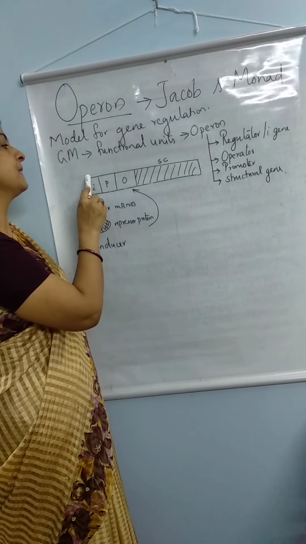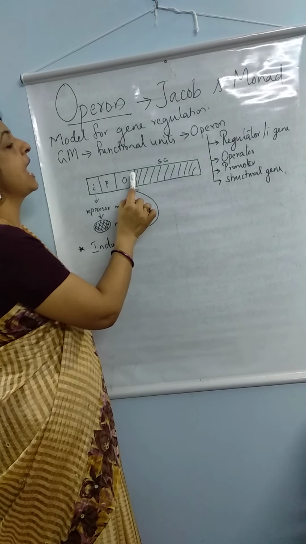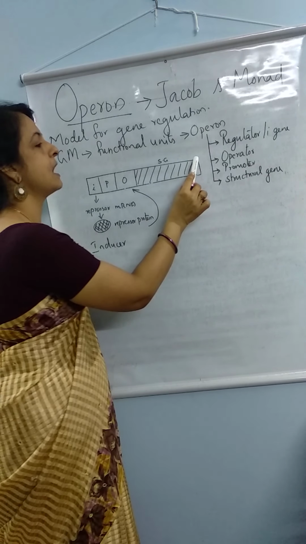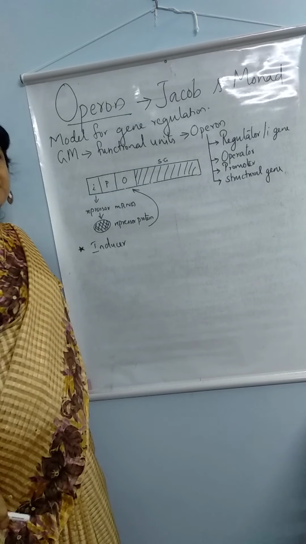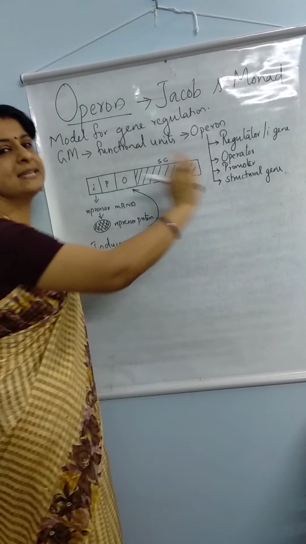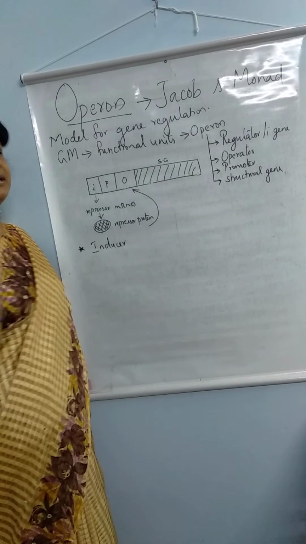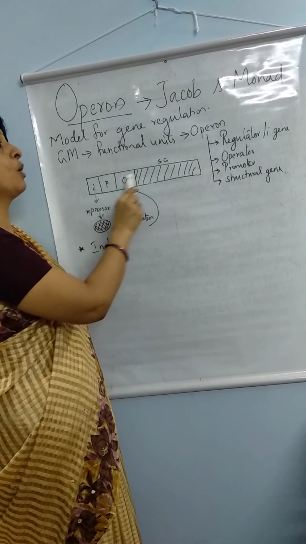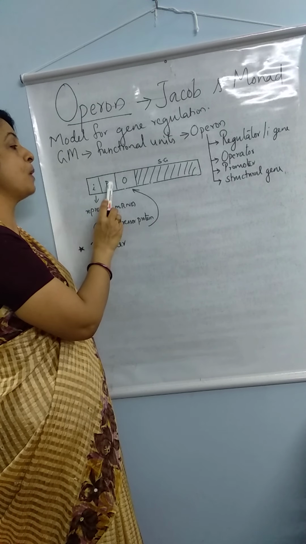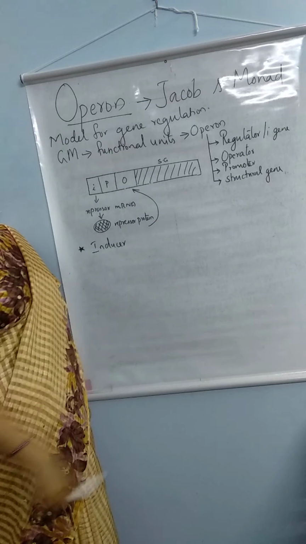This is the I gene or the regulator gene, this is the operator gene, and this is the structural gene. These are all sequences in the DNA. So, coming to this operon, I, P, O and the structural gene.